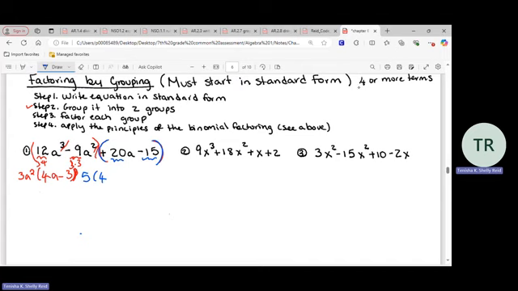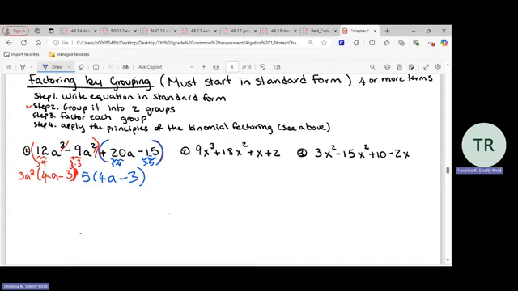This one has 1a and this one has no a, so I cannot factor out an a. So 5 times 4 is 20, and 5 times 3 is 15. 20 divided by 5 is 4, and I didn't take out an a, so I still have an a. Minus sign, and 15 divided by 5 is 3.